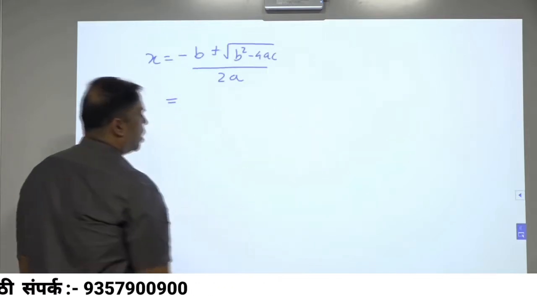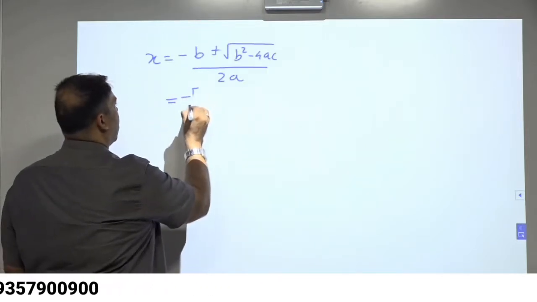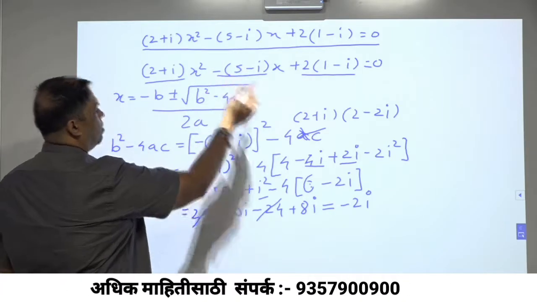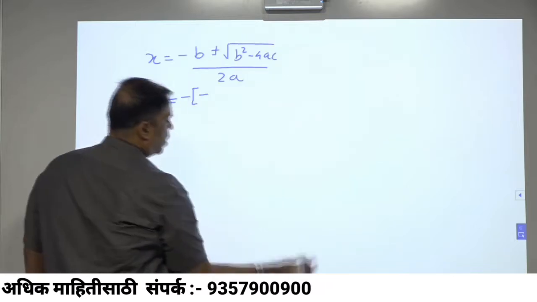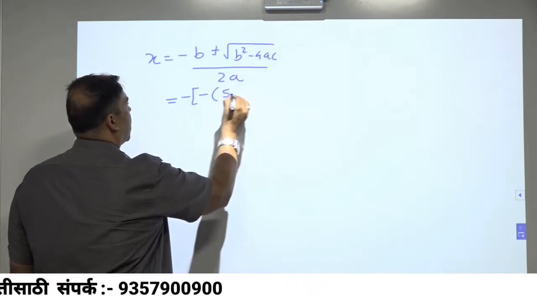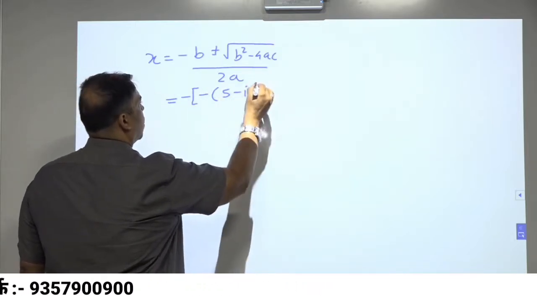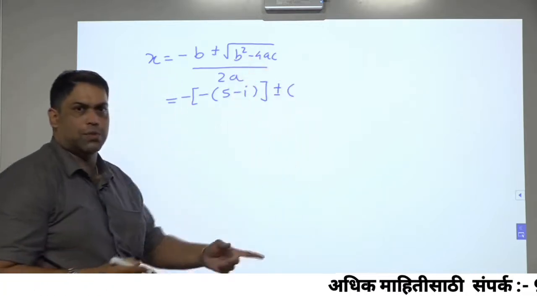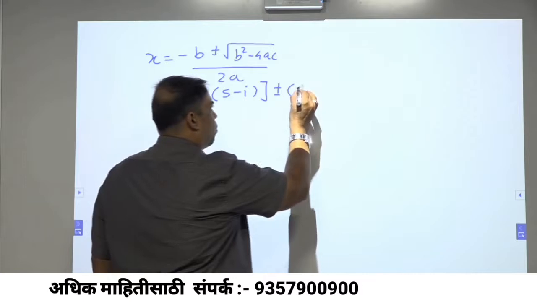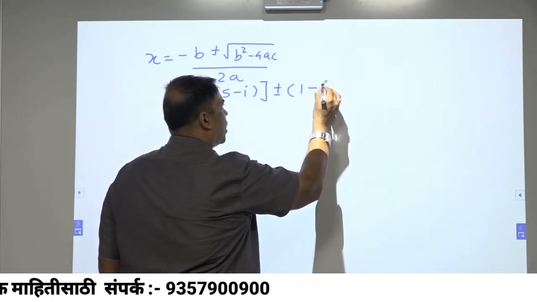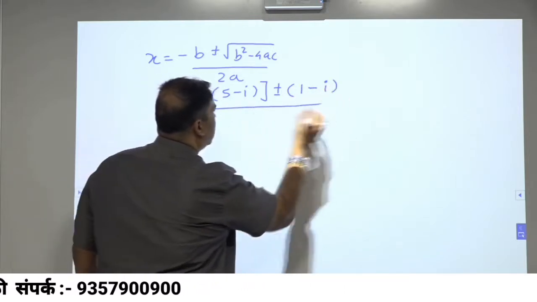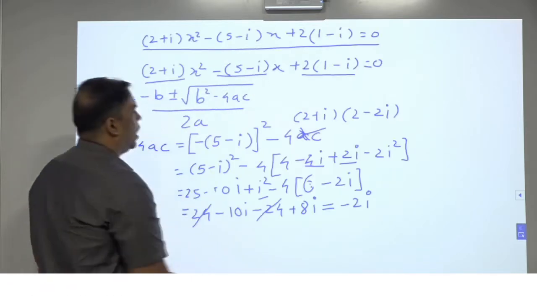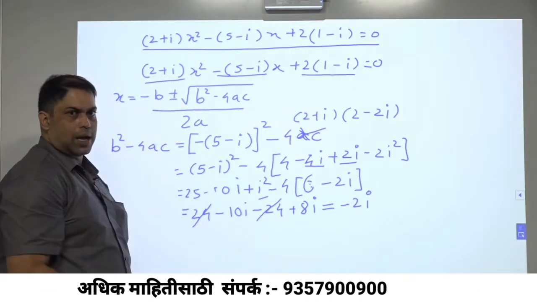So minus of minus b is 5 minus i. And plus or minus the square root of b squared minus 4ac, we have already seen, is 1 minus i, upon 2a. What is the value of a? a is 2 plus i.